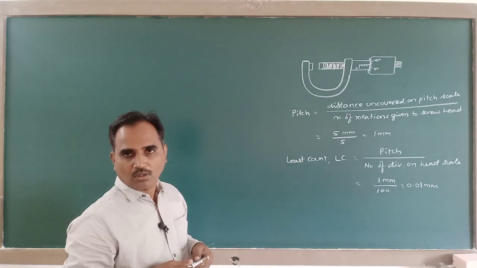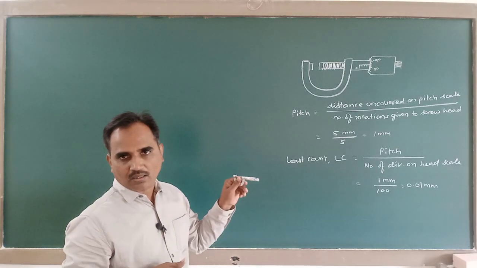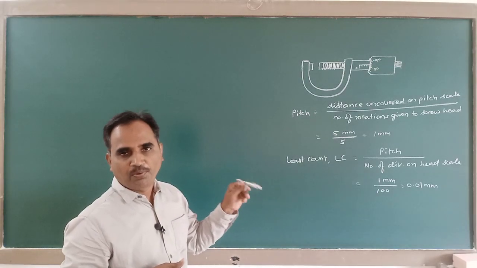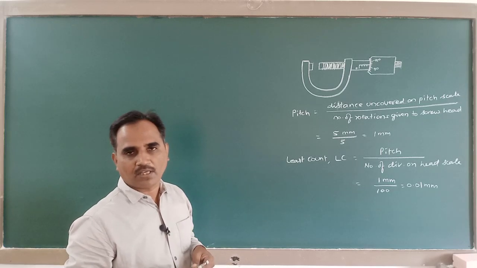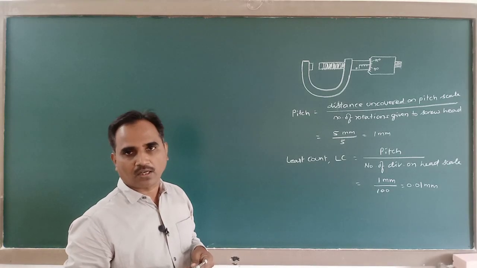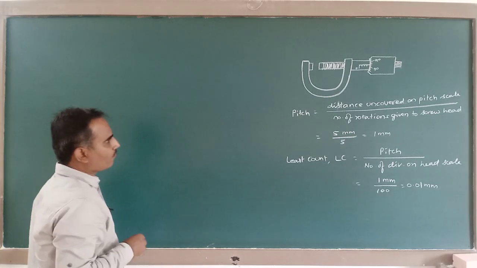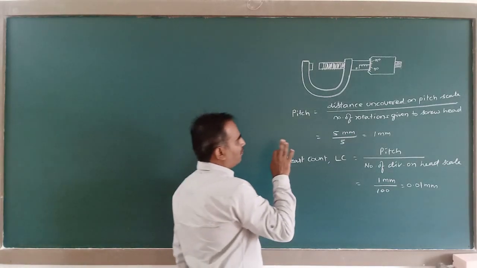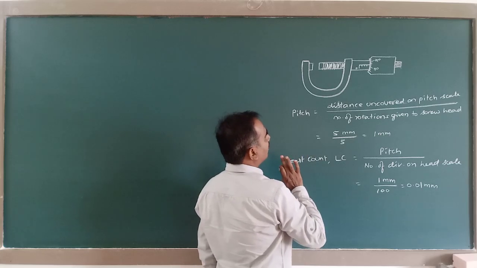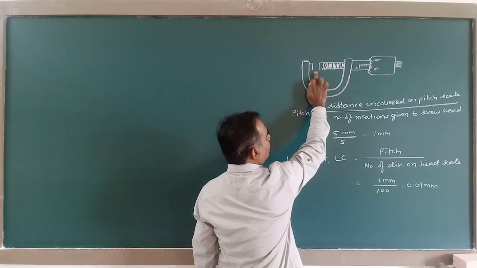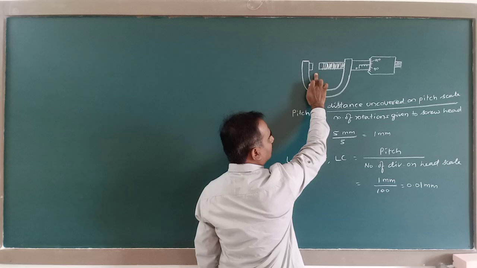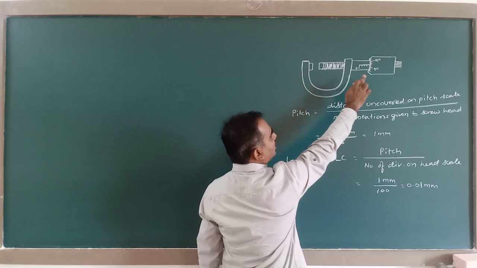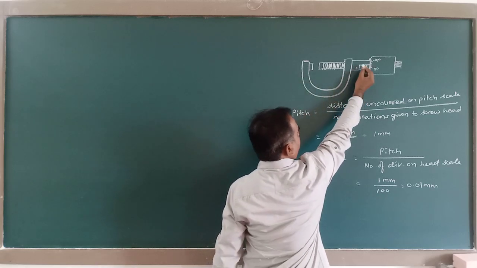And also you have to find the error in this screw gauge before using it for any measurement. Zero error. See, for an ideal screw gauge, when the anvil and spindle are both coinciding, the 0th division should coincide with this pitch line.